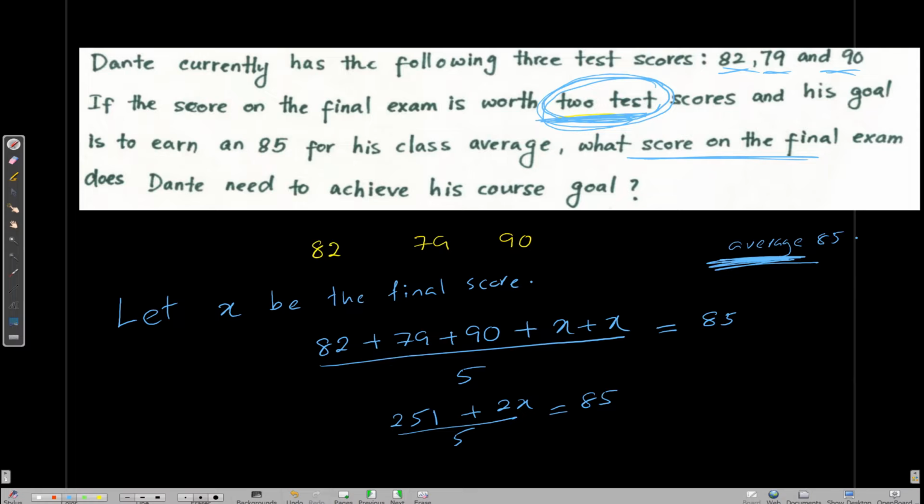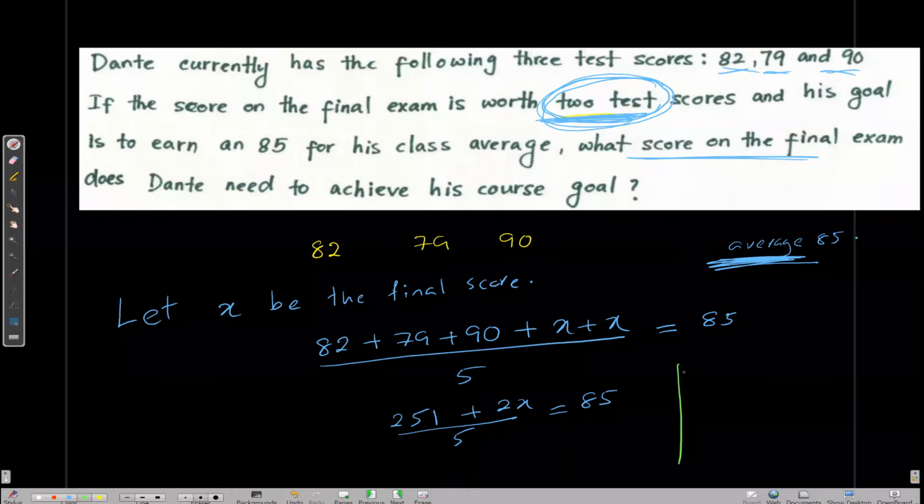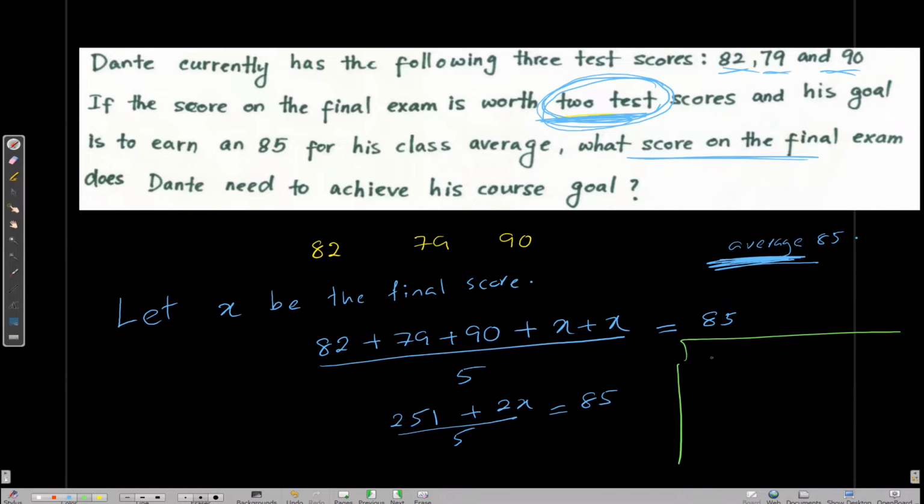Now we can cross multiply. Let me write it over here. So 251 plus 2x equals 5 times 85. So 251 plus 2x equals 425.